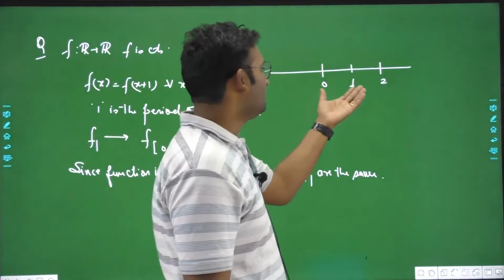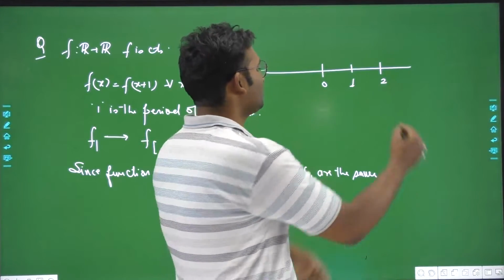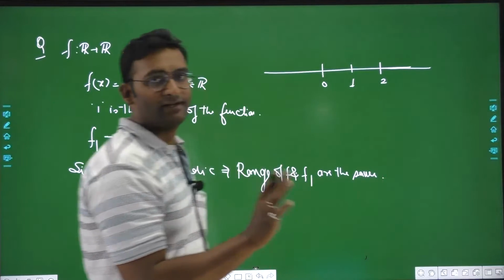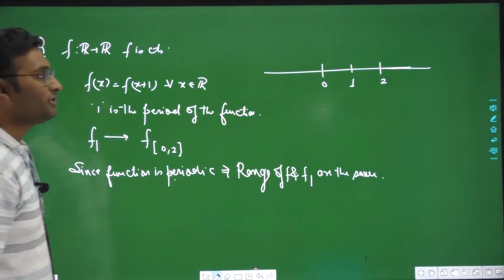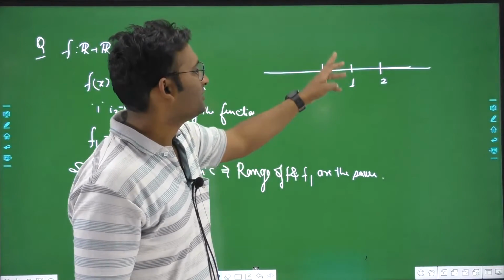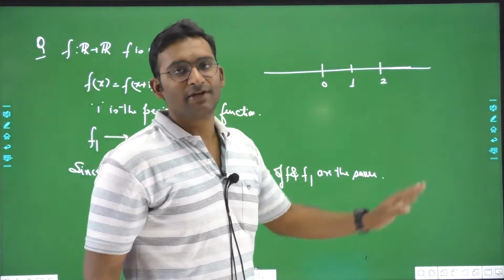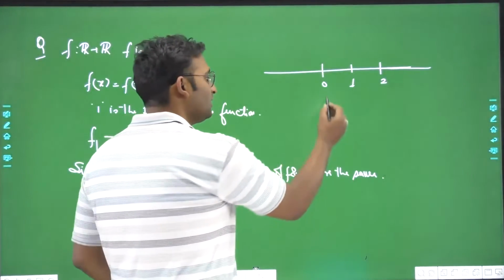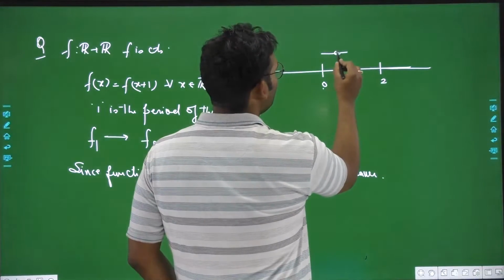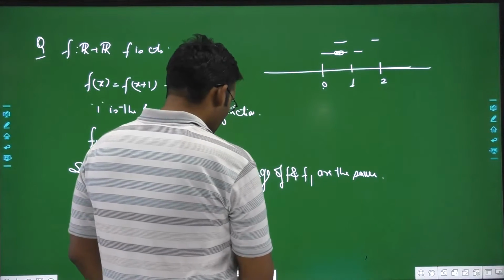So the behavior of the function over 0, 1 will be the same as over 0, 2. जैसा 0, 2 पे बिहेव करेगा वैसा एंटायर आर के ऊपर बिहेव करेगा. क्यों? क्योंकि फंक्शन अगर यहाँ पर मैक्सिमा या मिनिमा अटेन करता है, say maximum value 1, minimum -1, तो सिमिलरली 1, 2 पे भी 1 और -1 रहेगा क्योंकि फंक्शन पीरियोडिक है. So it has to attain the same values between 1, 2 as well.